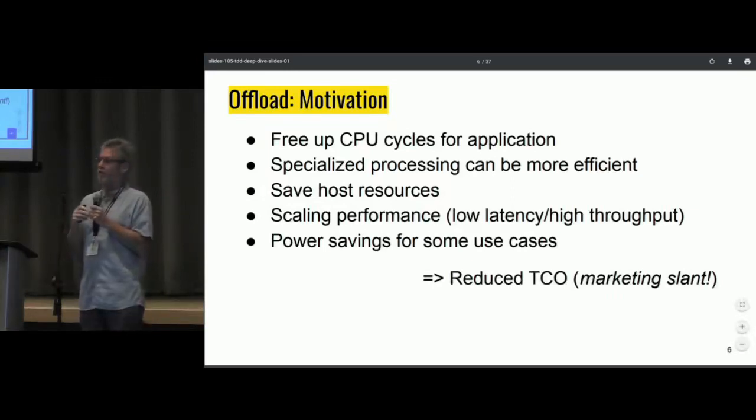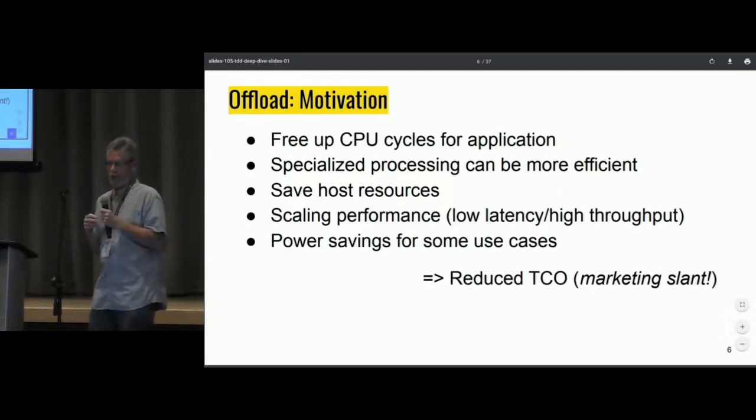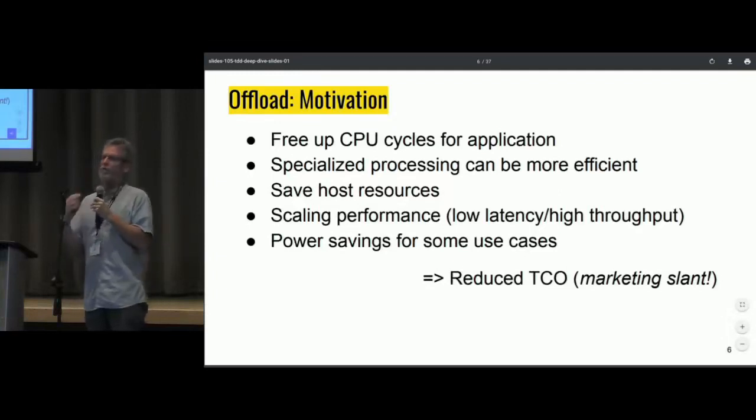There's also some interesting use cases, particularly in mobile, where we might offload certain operations having to do with protocol processing to a device for the purposes of saving CPU cycles and saving power in particular on the core CPU. So in short, offloads make sense as a cost-benefit trade-off.